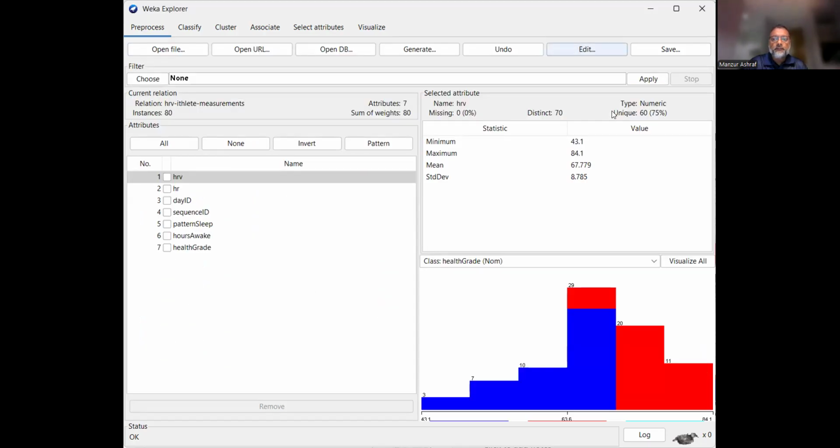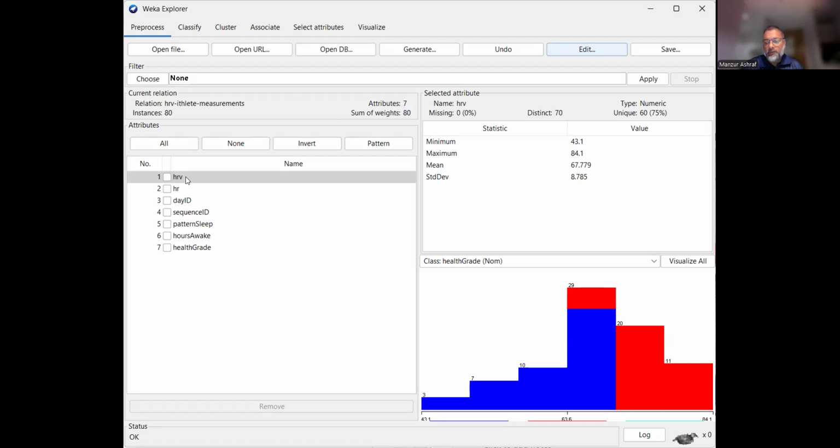Okay. Now, I'd just like to refer to one of the things: this example is actually the health grade of a patient, right? Health grade of a patient. So higher HRV, right? This is the domain knowledge for any classification problem or AI analysis.